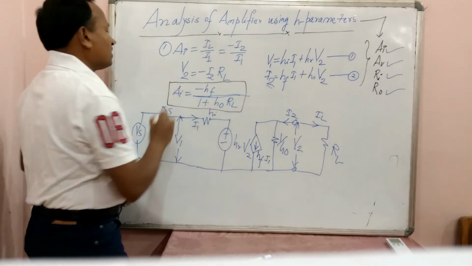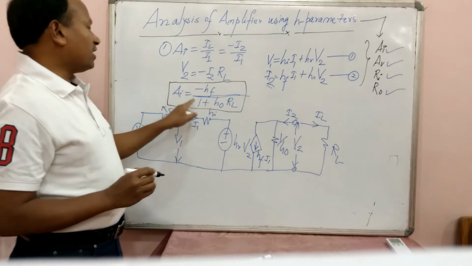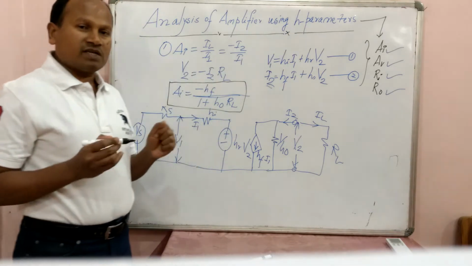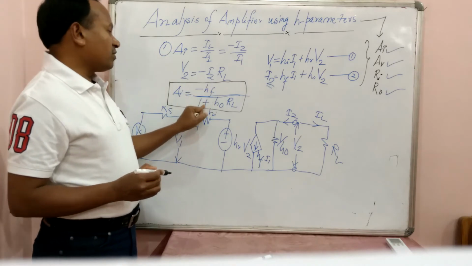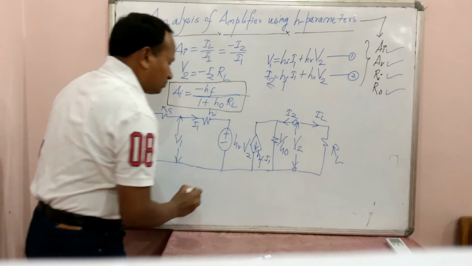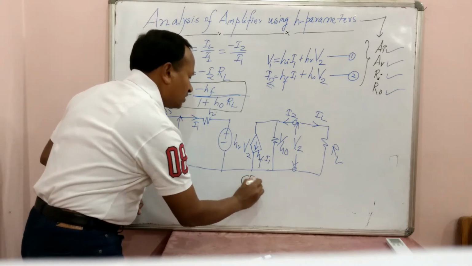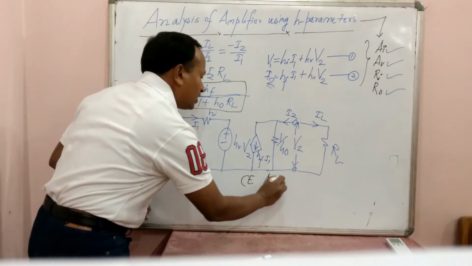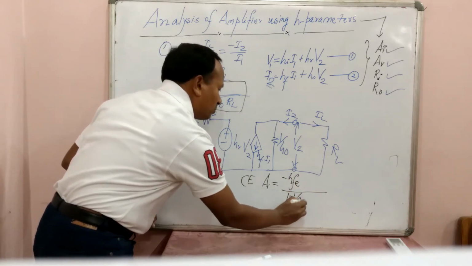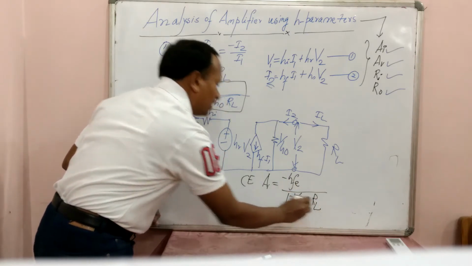This is the current gain for a two-port network using hybrid parameters: minus HF divided by 1 plus HO RL. We know that for common emitter, the current gain is minus HFE divided by 1 plus HOE into RL.